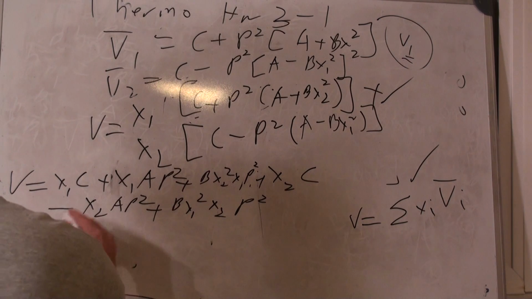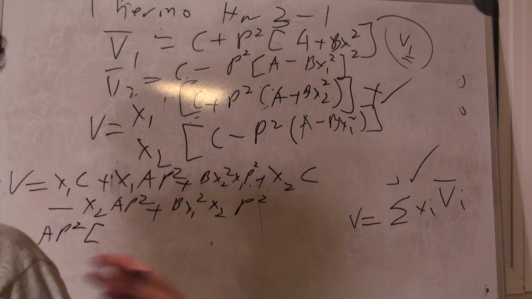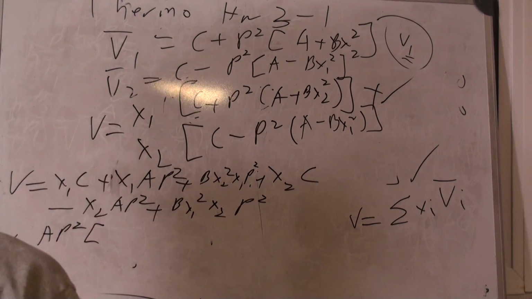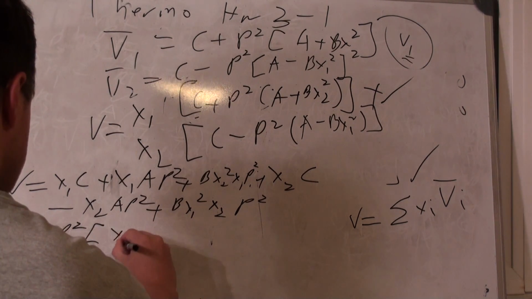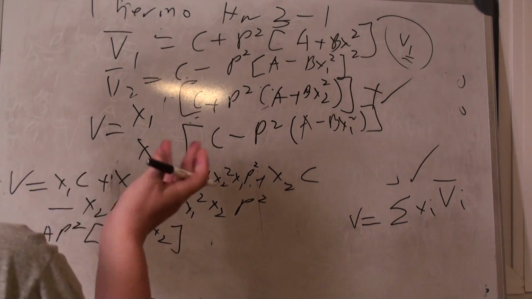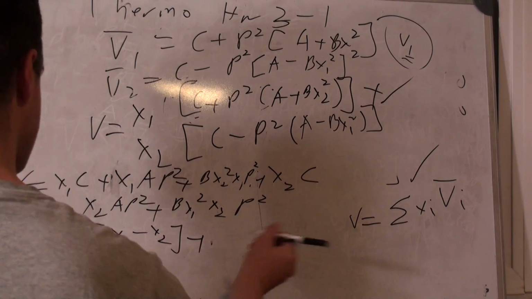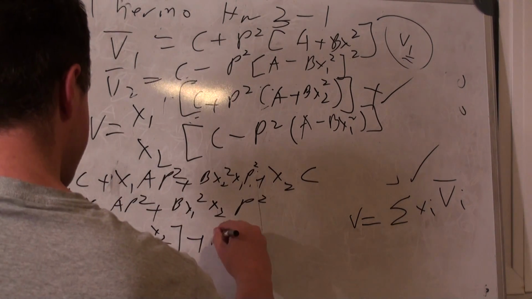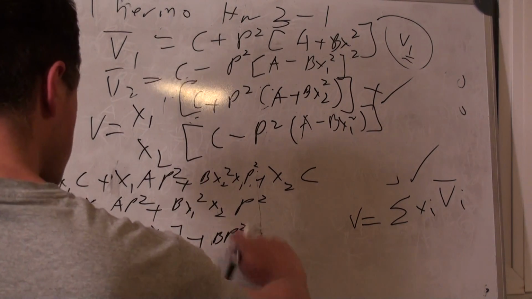So let's combine our A terms. So we have A P squared, and the reason why is because my x1s and x2s, especially in a binary system like this one, will clean up nicely, typically. Okay, so I have x1 minus x2. Okay, that's about as clean as that's going to get, most likely. But let's keep going. Maybe something will happen. Okay, but I doubt it. Okay, so we got B P squared. Okay, we got, oh, and they both have an x1 x2.